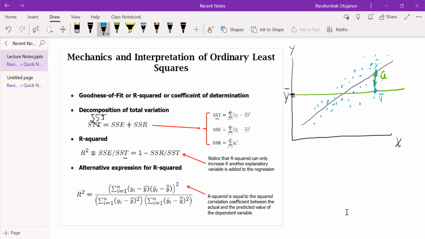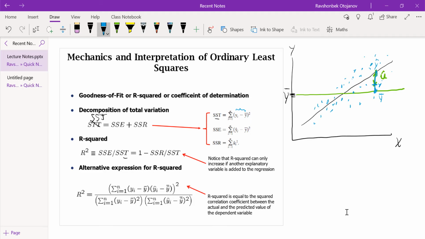Now notice this. Sum of squared total is basically the difference between, let me just put this down here as well, y itself. This is the actual y here. So the total sum of squares is the difference between the mean y and the individual actual points, squared and summed.